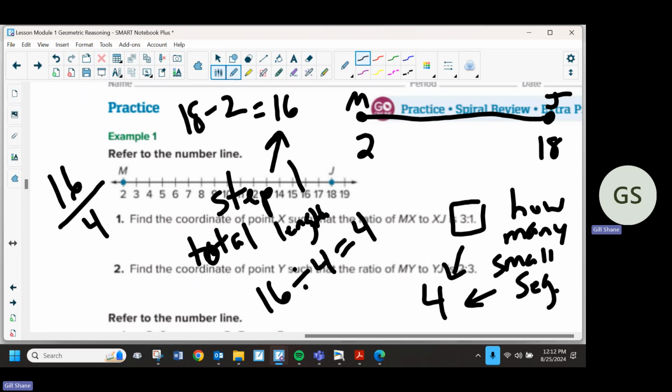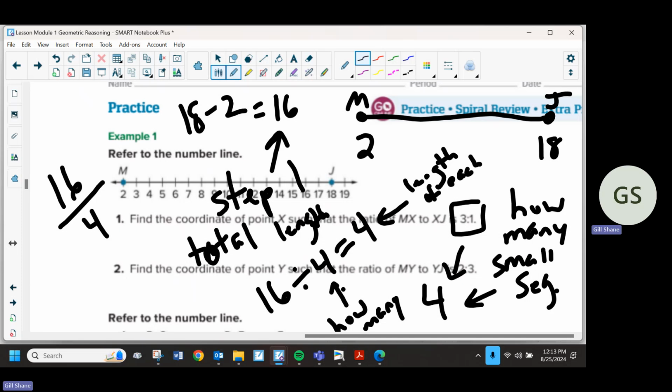It just happens to be that they're the same in this problem. That won't normally happen. Again, that is how many smaller segments, and that is the length of each smaller segment.